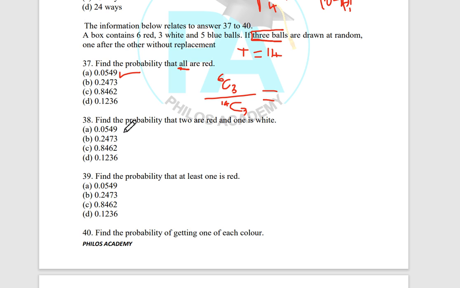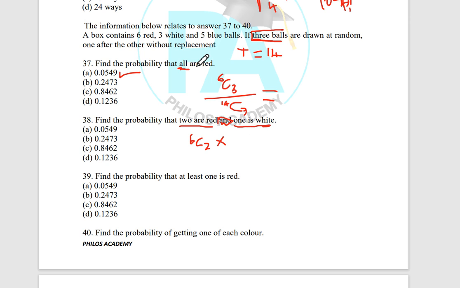Question 38 says, find the probability that 2 are red and 1 is white. Be very careful. So to do that, how many reds do you have? Remember, 6, right? So 6 combination 2, since they say 2 are red, times 1 is white.